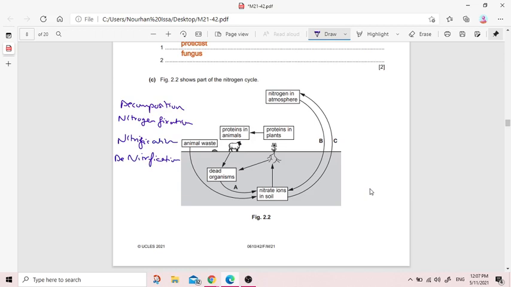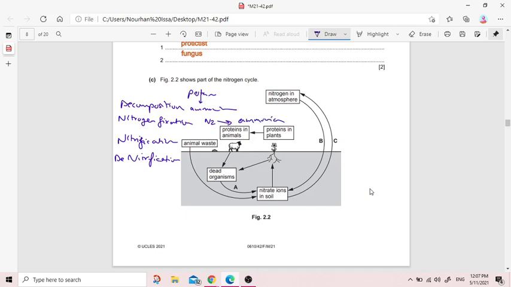I should know in the decomposition, the proteins are converted to ammonia. In the nitrogen fixation, nitrogen gas in the atmosphere is converted into ammonia.